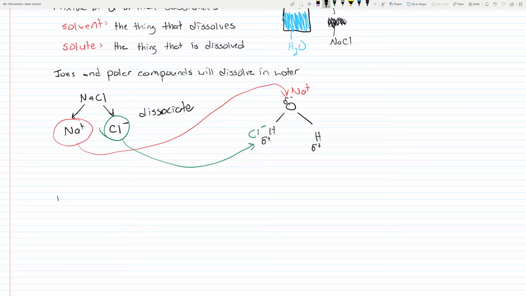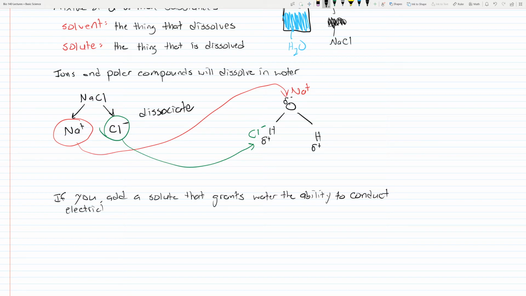If you add a solute that grants water, like a gift, the ability to conduct electricity, that solute is an electrolyte. That's the definition of an electrolyte.